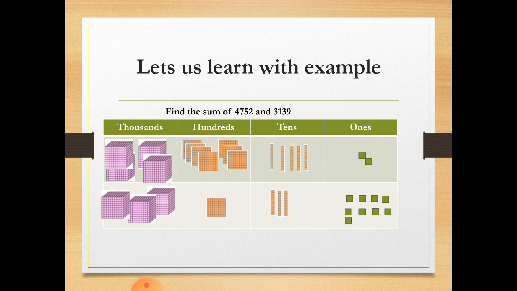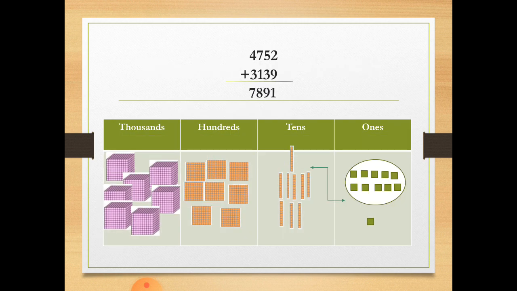Tens: 5 tens for the first number and 3 tens for the second number. 2 ones for the first number and 9 ones for the other number.